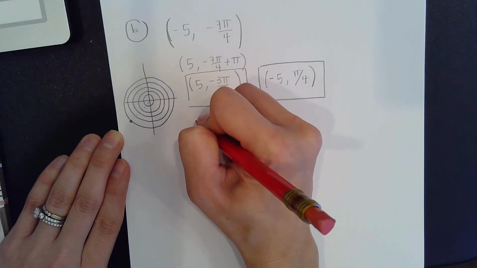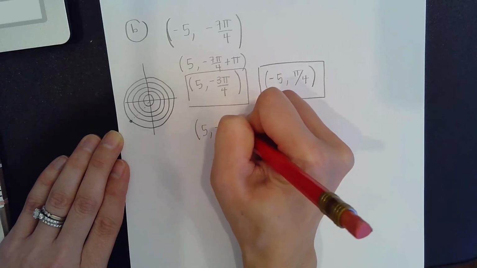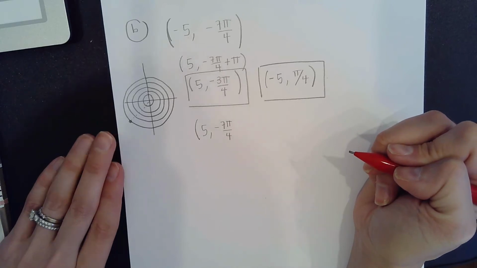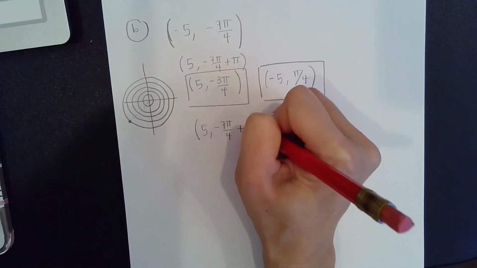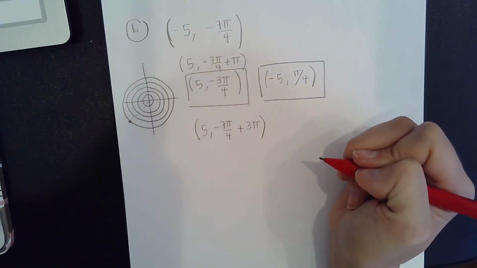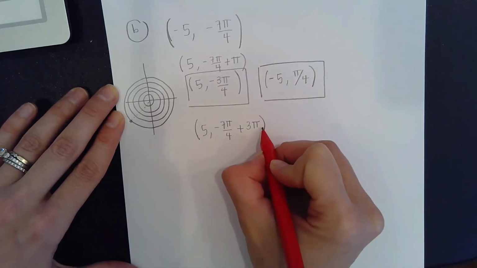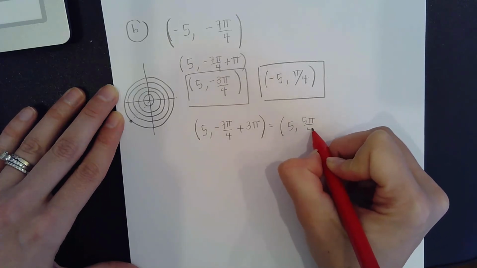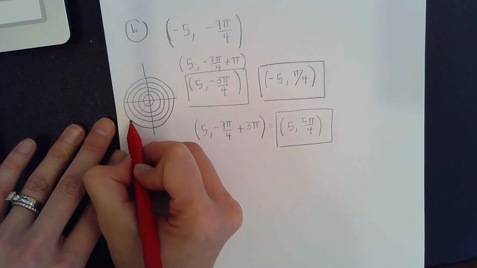And then if I change it to a positive again, so if I change it to 5, and I've got negative 7 pi over 4, and I add a 3 pi, so that would give you what? 5 and a 5 pi over 4. So there's your 3 quadrants that are going to be the same point as that.